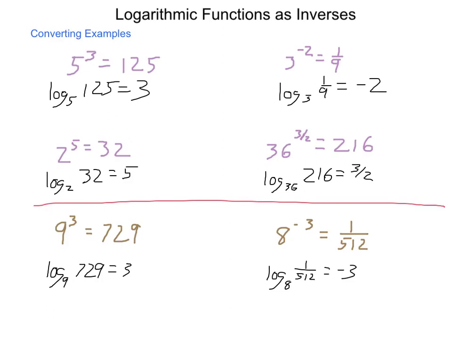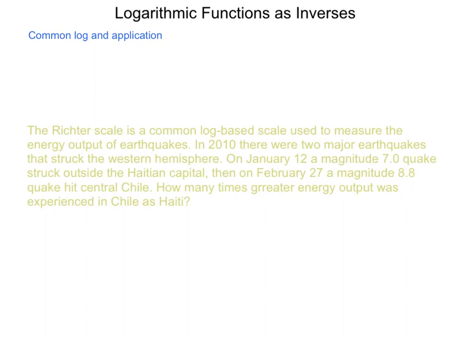Well, in logarithms, we have the same idea. Our case in logs is that if you don't see a different number being given, you have log of a equals b. This means log base 10 of a equals b.